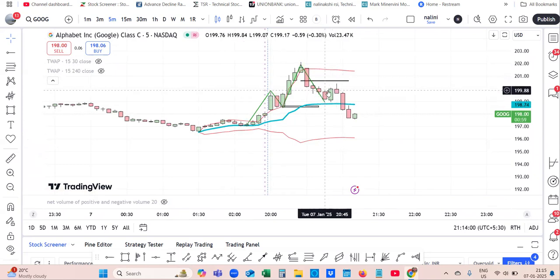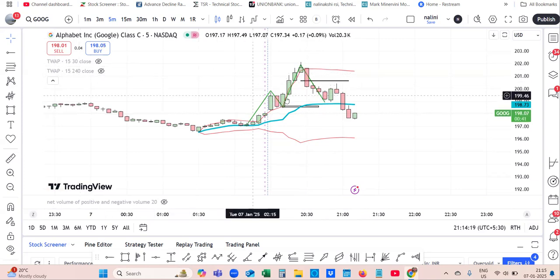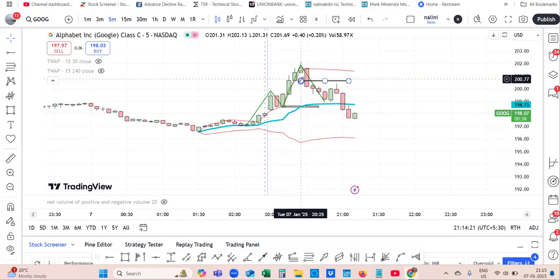If you would have entered here in this area, you would have panicked by seeing the green candle. You will not hold the position. Here, time weighted average price will make you enter early in the market.